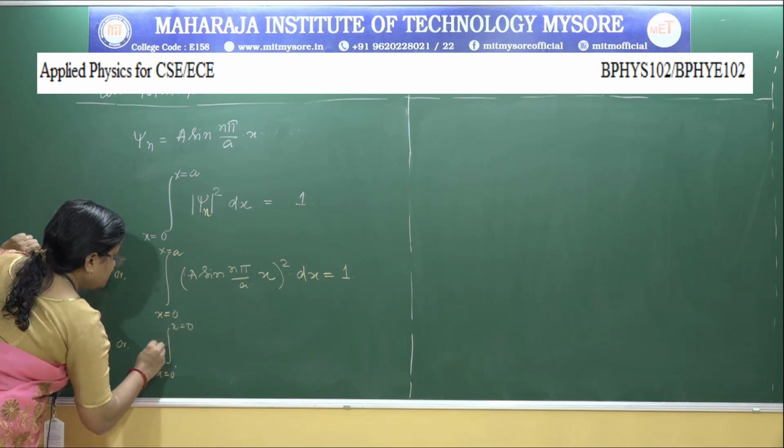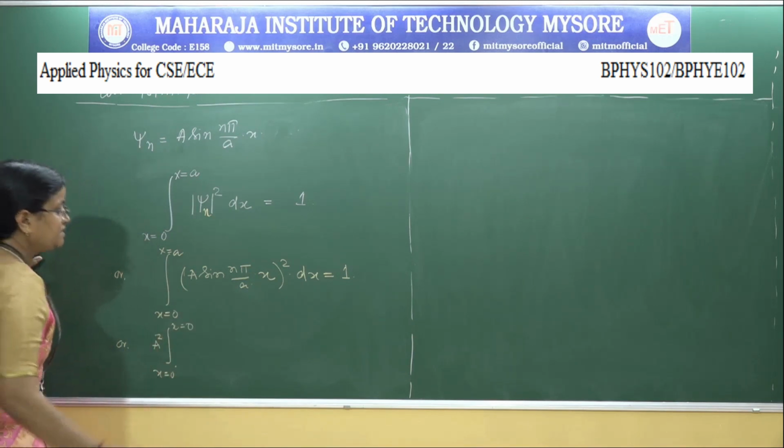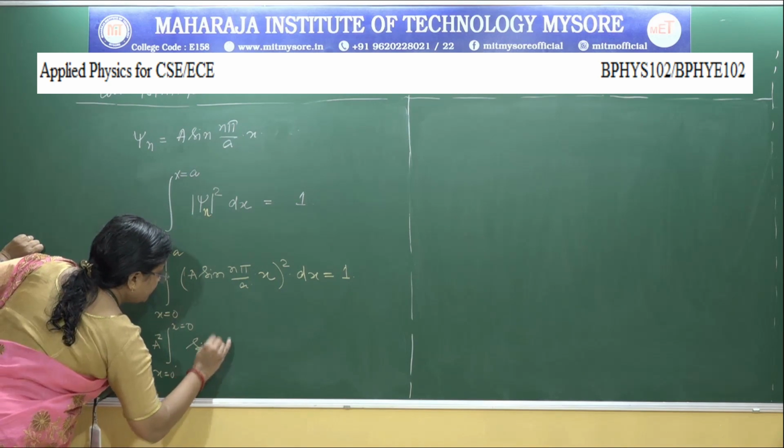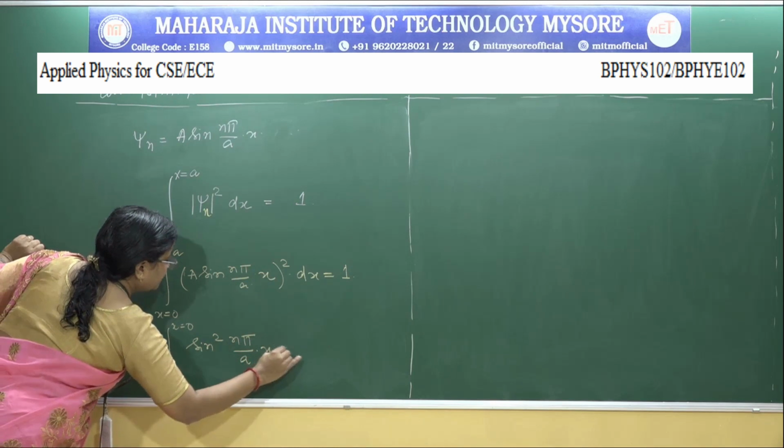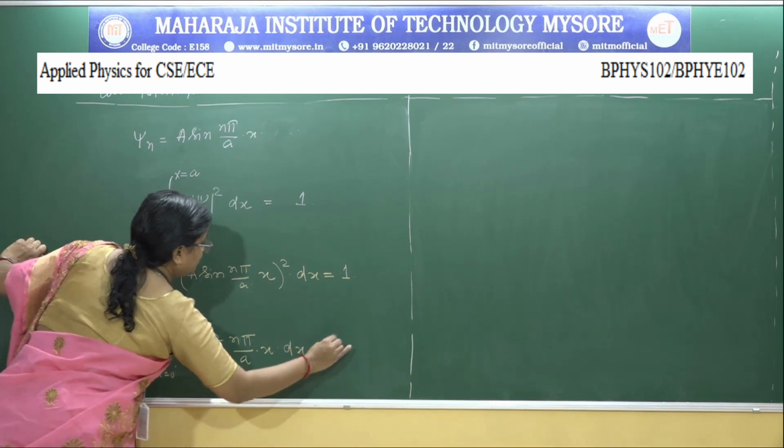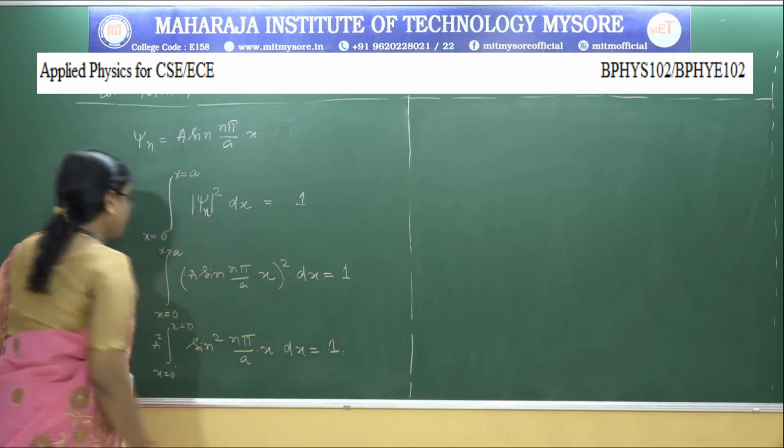As a square is constant, we will take it out of the integration, we get a square integral of sin square n pi by a into x dx, equal to 1.